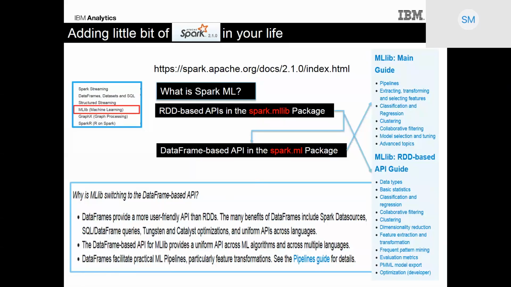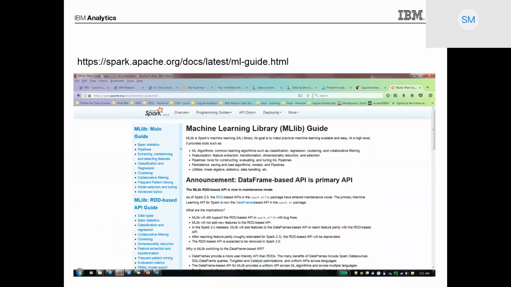But starting from Spark 2.1, it is advised that you use the Spark.ml package, which is the data frame based API. Okay. Now this is the site where you need to go, for reference.